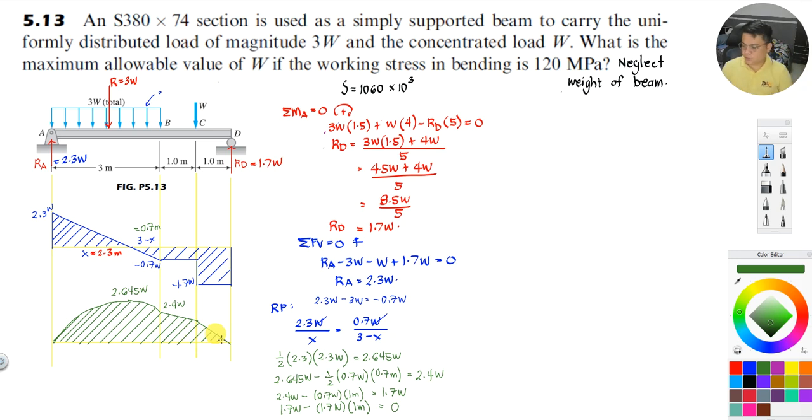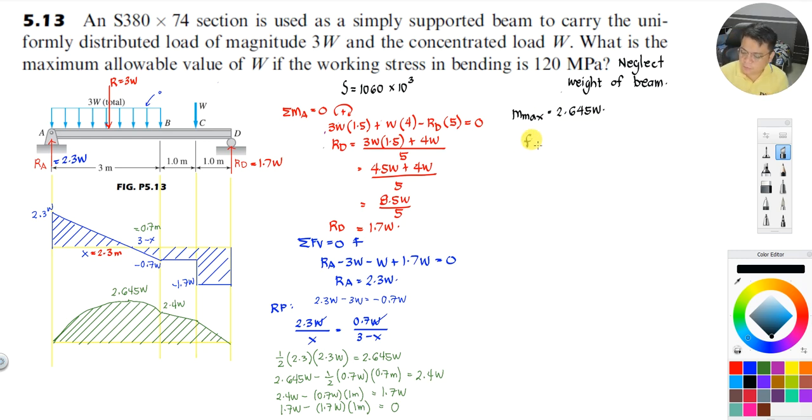It means the maximum moment, M maximum, is equal to 2.645 of W. So you have now the maximum.